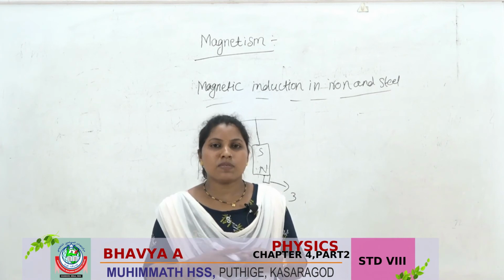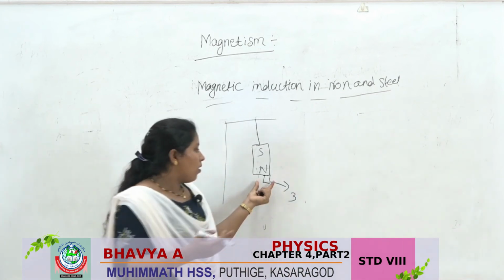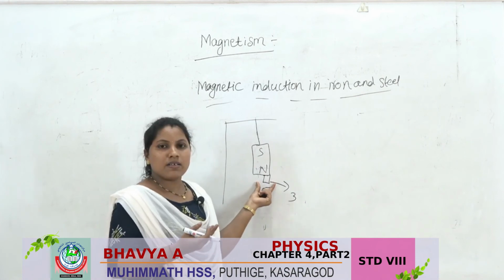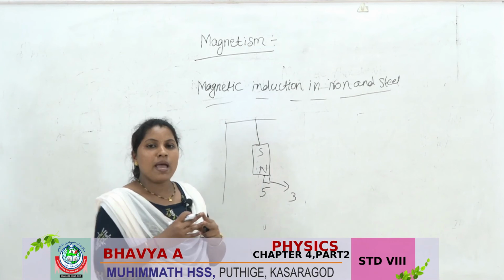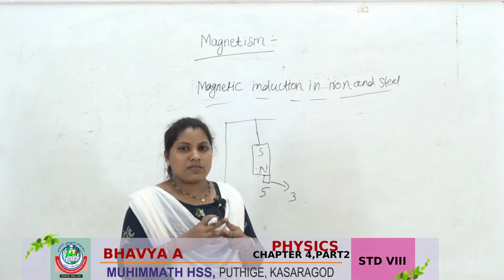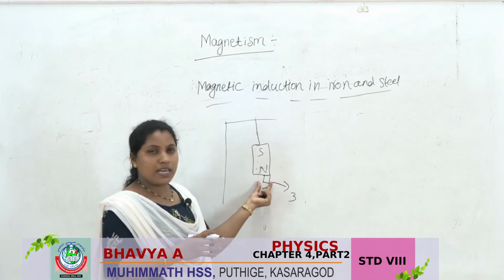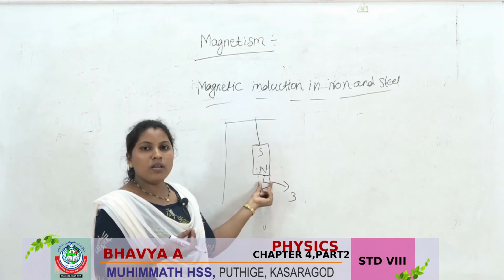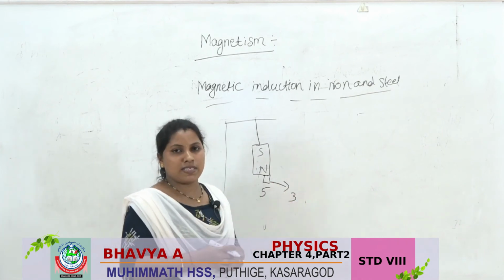What is susceptibility? Susceptibility is the property by which an object suddenly gets magnetic power and is attracted towards magnets. Here the iron piece has more susceptibility, and steel has less susceptibility.